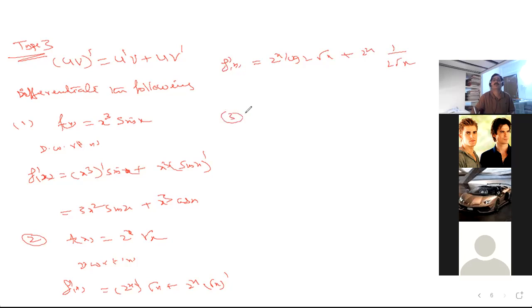Now, f of x is equal to something I would like to take, e to the power of x, sine inverse x, tan inverse x, 1 by x square. If it is like this, how do we differentiate with respect to x? f dash x, this is e to the power of x dash. Sorry, the UV formula, type 2.